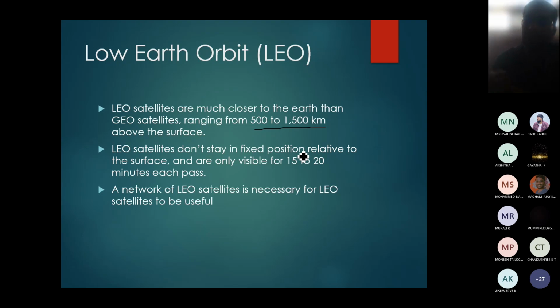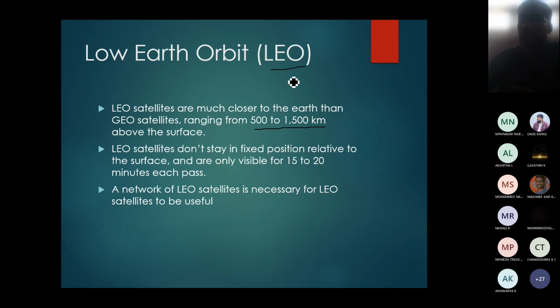That is what we have seen by solving an example also. So these satellites rotating in the low Earth orbit travel with a very high velocity in comparison to the satellites rotating in geostationary Earth orbit.